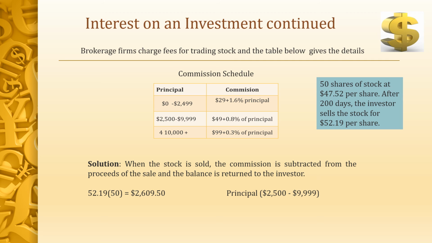It is calculated like the second case, which is $49 flat plus 0.8 percent of the principal. So when we are calculating the commission, it will be 49 plus 0.8 percent of 2,609.50. So 69.88 will be the commission, and hence the total return will be 2,609.50 minus 69.88, which will be 2,539.62.